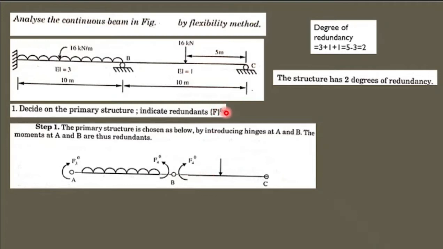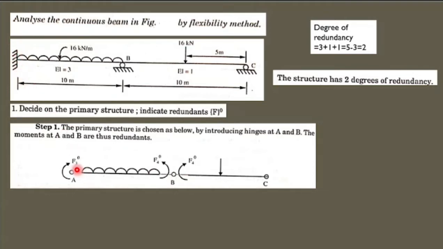So what is F naught? It is where you will be having negative bending moment. At what support will you have negative bending moment? Here you have a fixed end. In finding the bending moment, the moment at the fixed end will be negative, yes or no? You would have solved this in moment distribution or slope deflection, so by that understanding you have the knowledge. At a fixed end you will be having a negative moment.